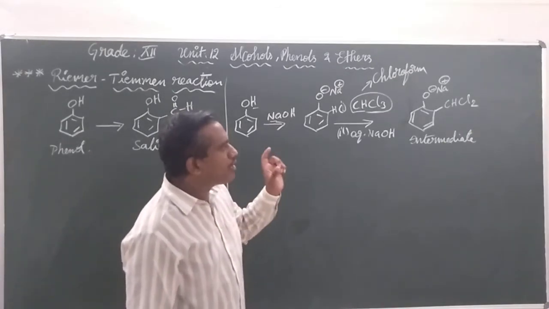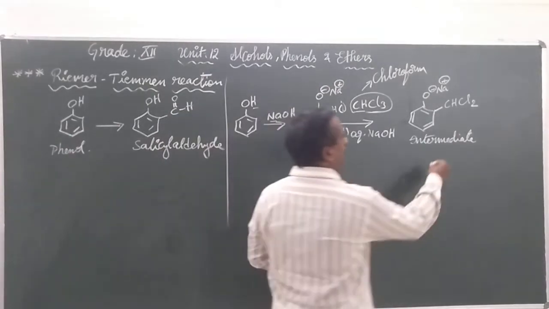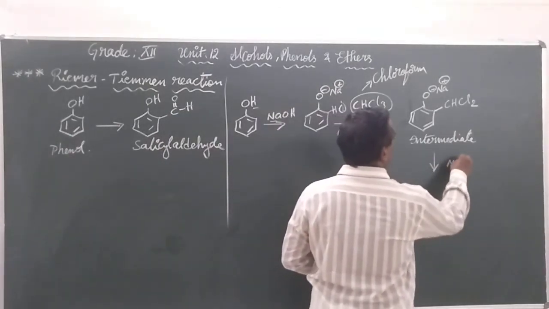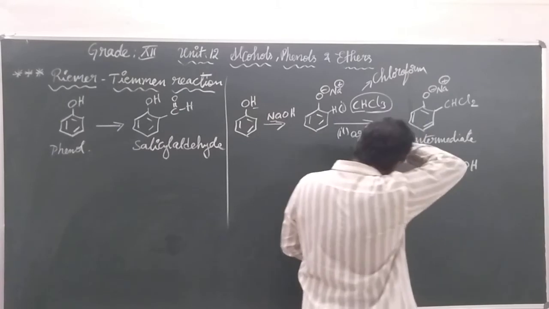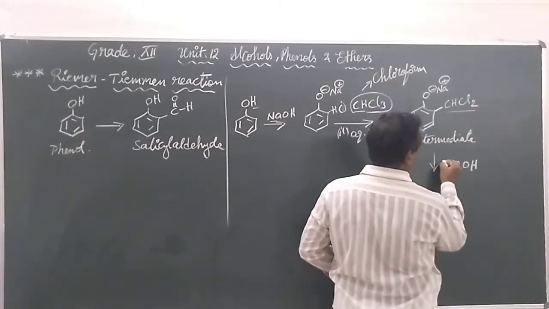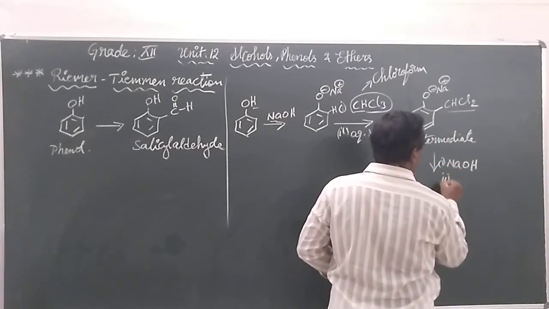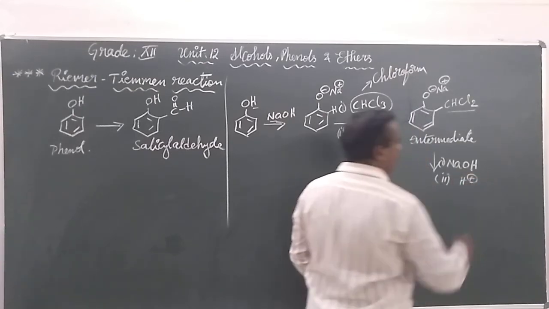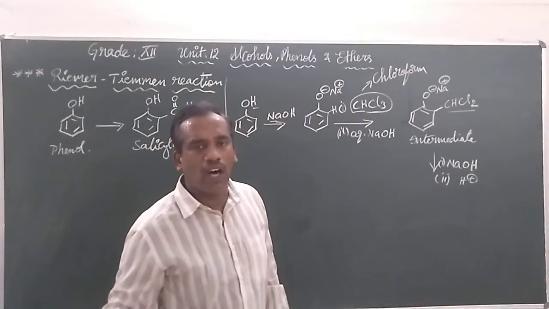Now, for this intermediate, we still add sodium hydroxide. Once we add sodium hydroxide followed by any mineral acid, that is going to give H plus ion.